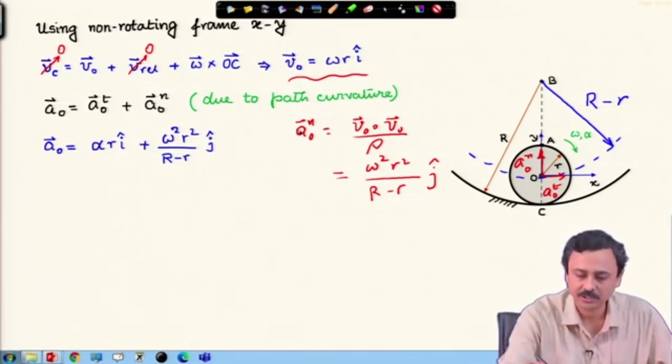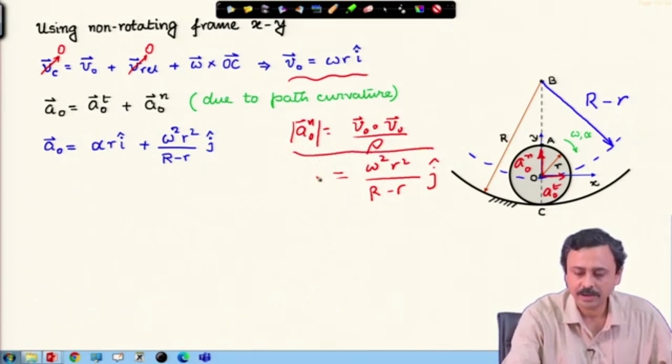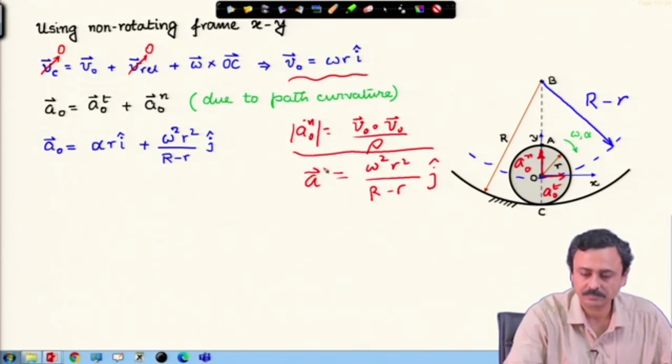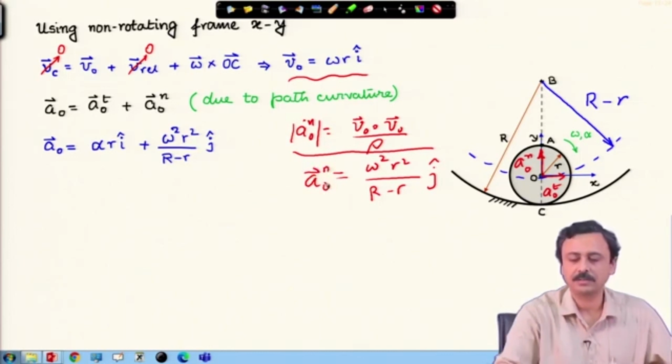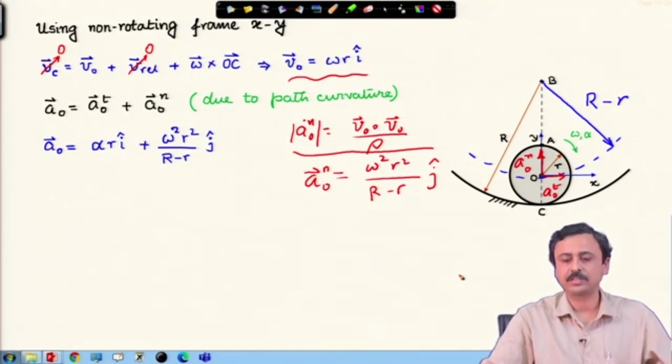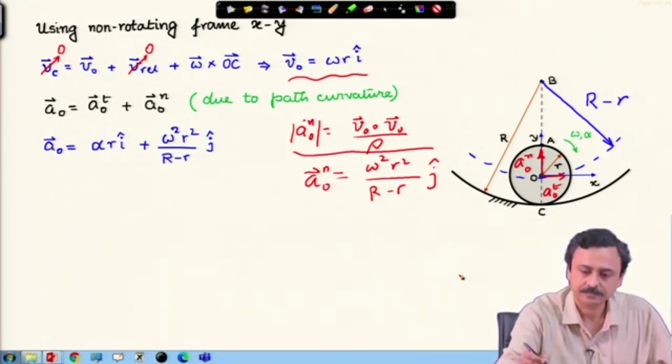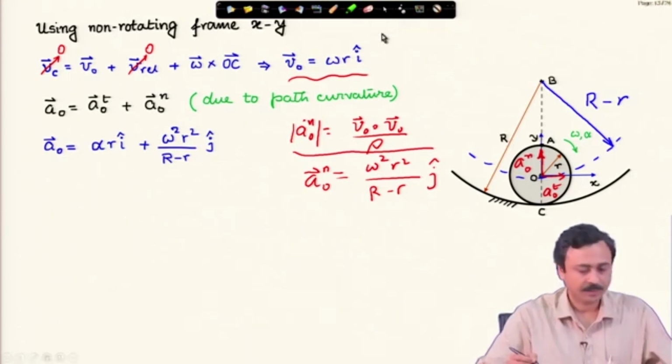This gives me the magnitude, and this is the vector. So, direction is j cap. That is what I have written here.